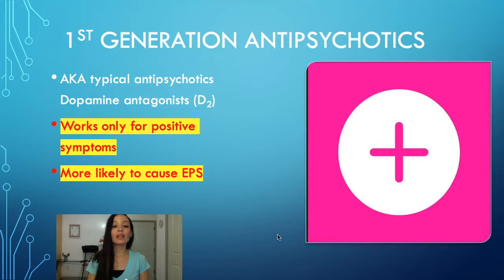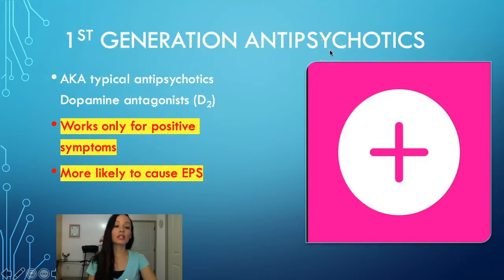And think of when the first iPhone came out or when the first Android came out. The way I remember is these phones came out, they didn't work as good as the ones do now. So the phones were a little glitchy. They crashed, they weren't as effective, they didn't do as much. Same thing with first generation antipsychotics.